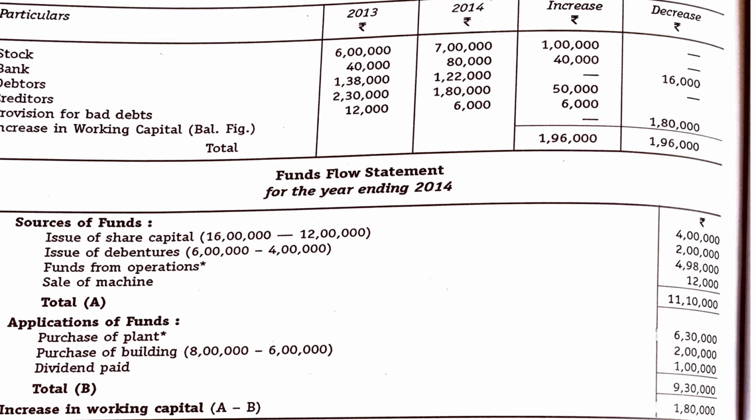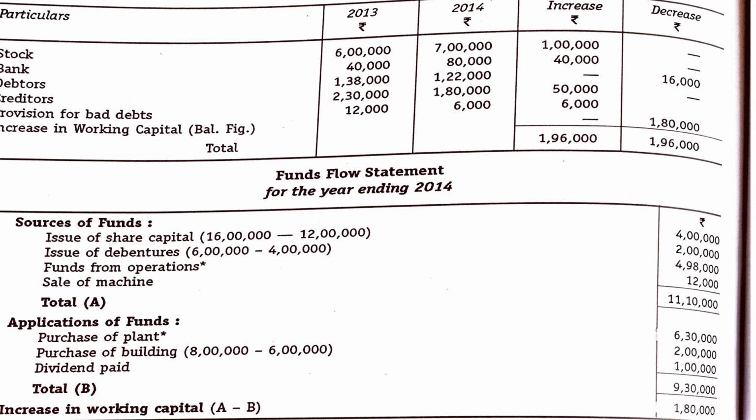Stock 6,000, 7,000. The value of the stock increased by 1 lakh and the working capital is also increased to the same extent. Bank 40,000, 80,000. Increase in current asset increases the working capital to the worth of 40,000.